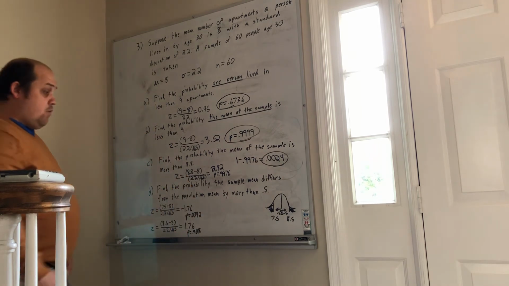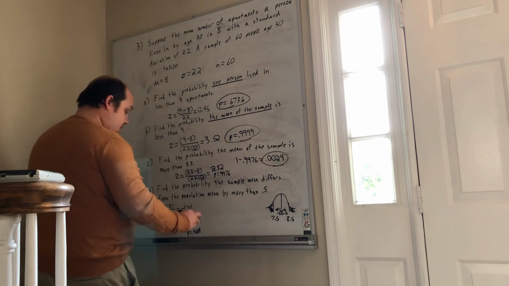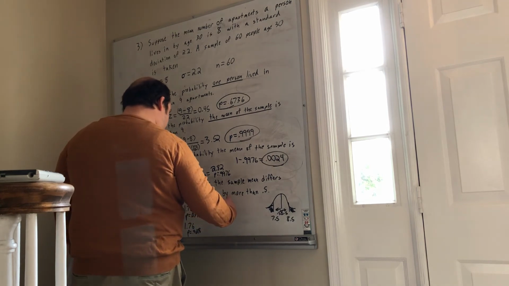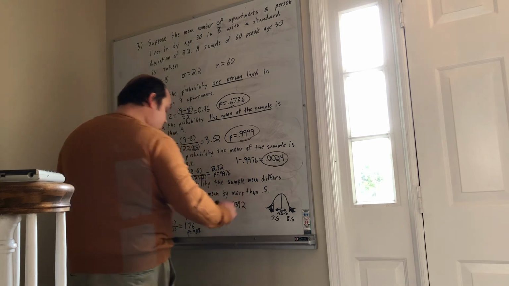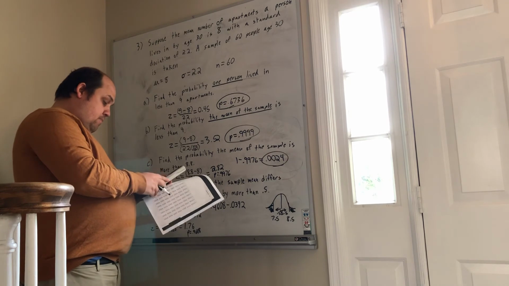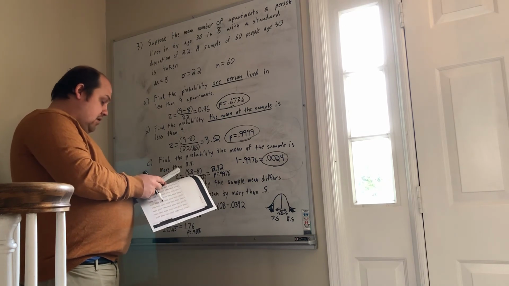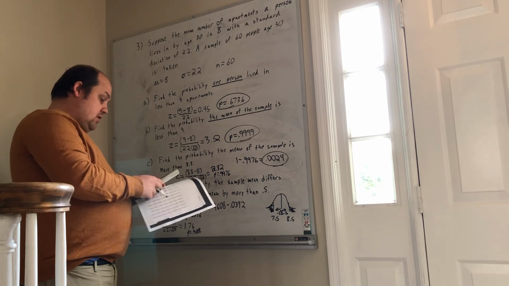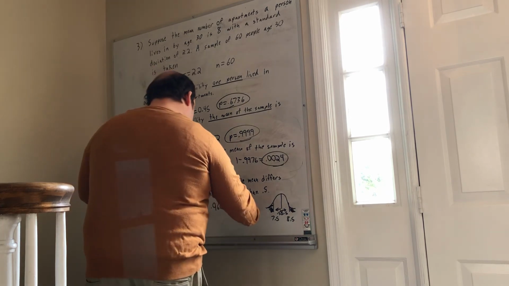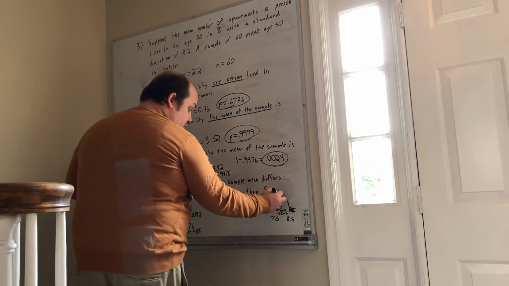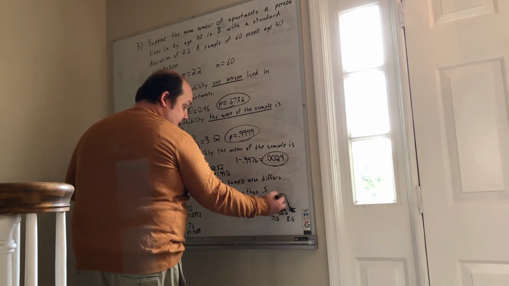So if I want to find the between area here, I'm going to take 0.9608 minus 0.0392. When I do that in my calculator, 0.9608 minus 0.0392 gives me 0.9216. So that 0.9216 is this unshaded area in the middle.